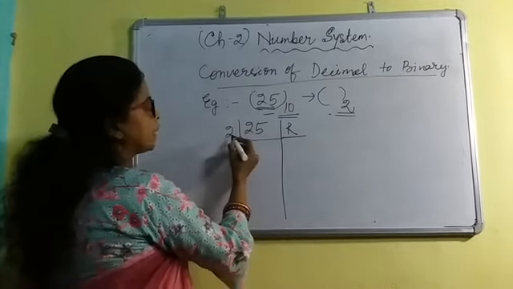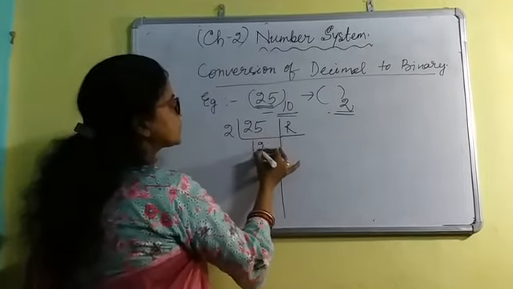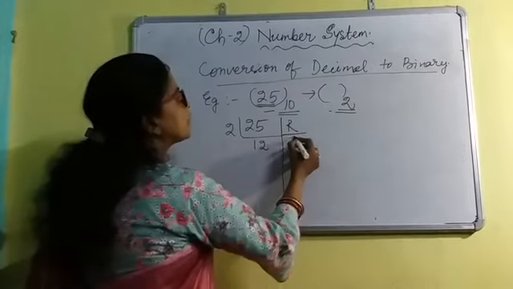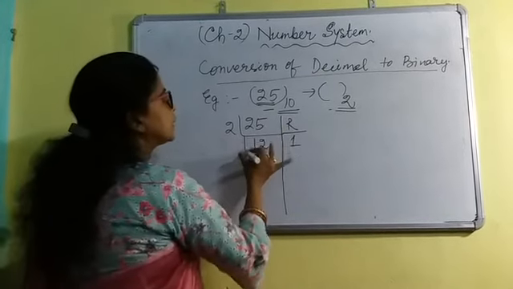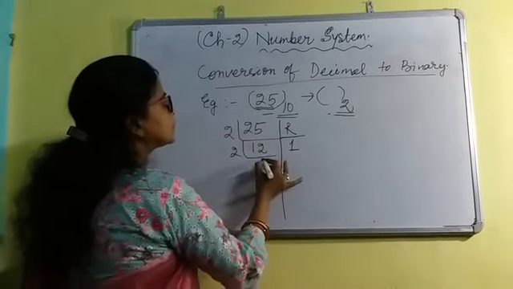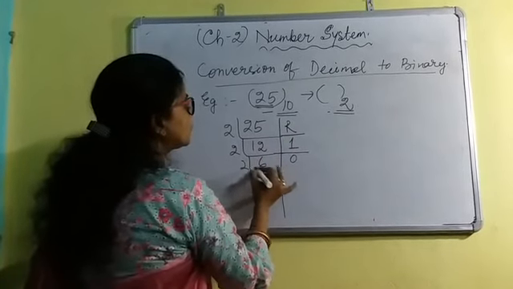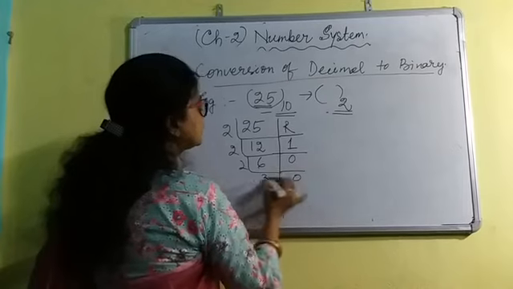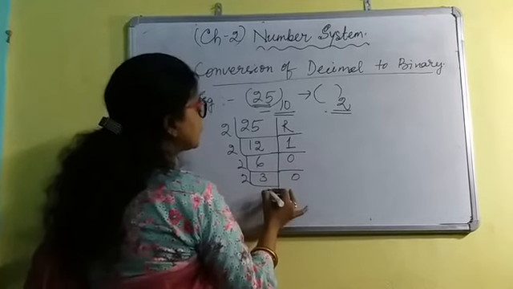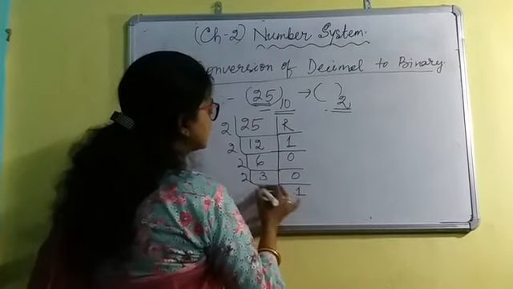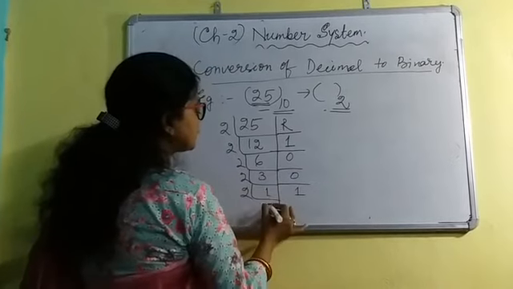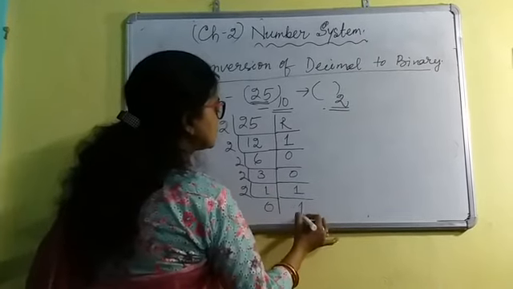Dividing by 2, the quotient is 12 and the remainder is 1. Again dividing by 2, we get 6, remainder 0. Again by 2, we get 3, remainder 0. Again by 2, we get 1, remainder 1. Again by 2, we get 0, remainder 1.